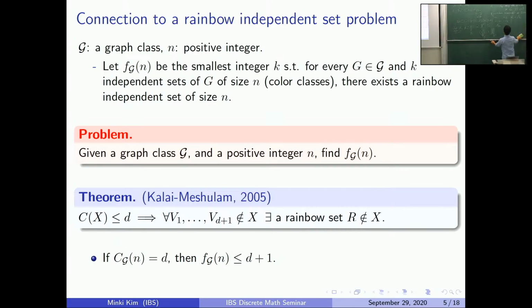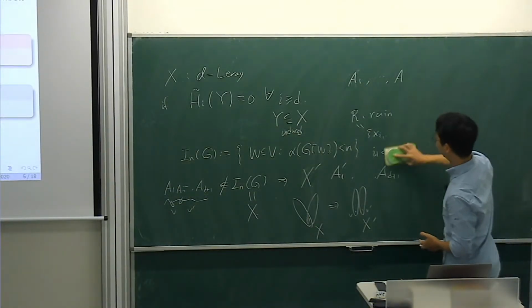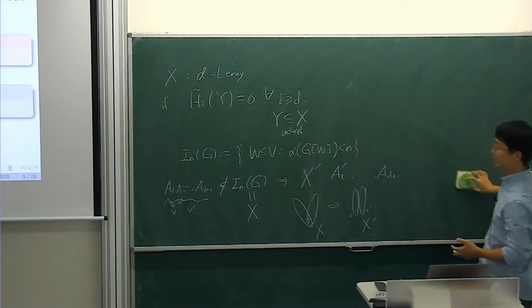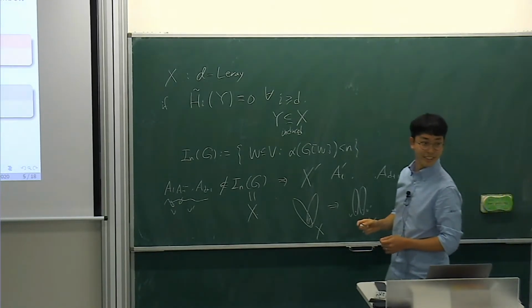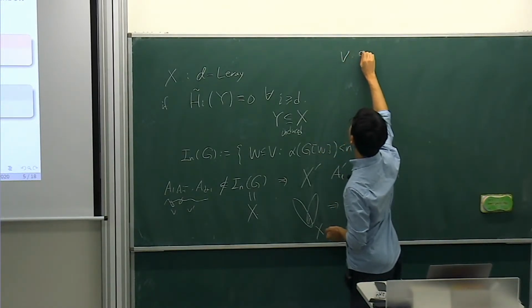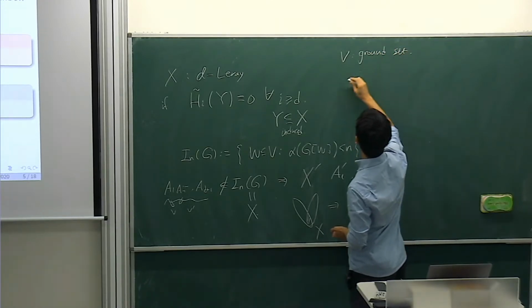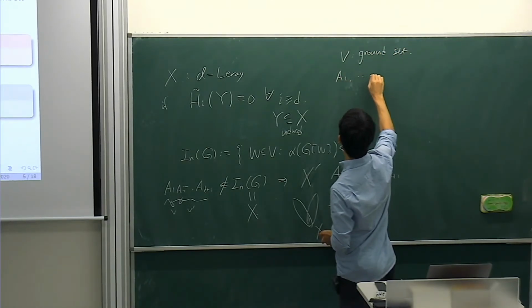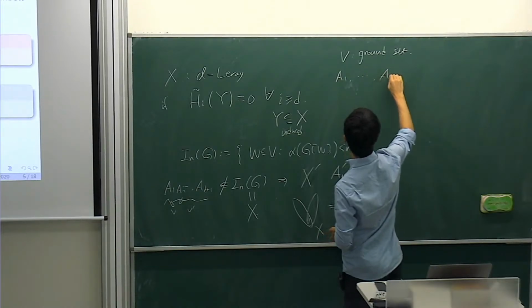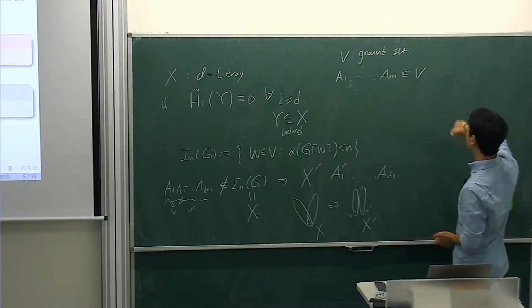The thing is, R is not in X, so it contains an independent set of size n. X here is just any complex. A subset of a rainbow set is a rainbow set. So R is not in X, therefore it contains an independent set of size n, and this independent set is a rainbow set because it's a subset of a rainbow set.